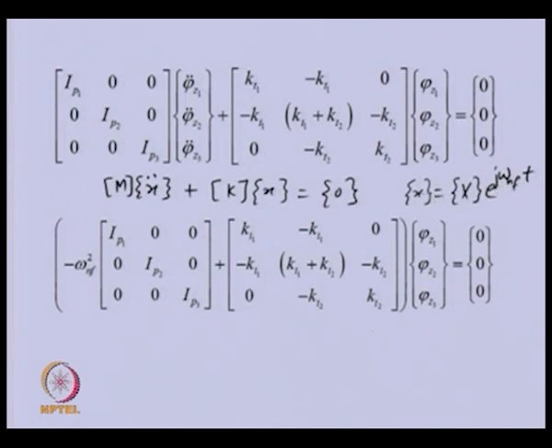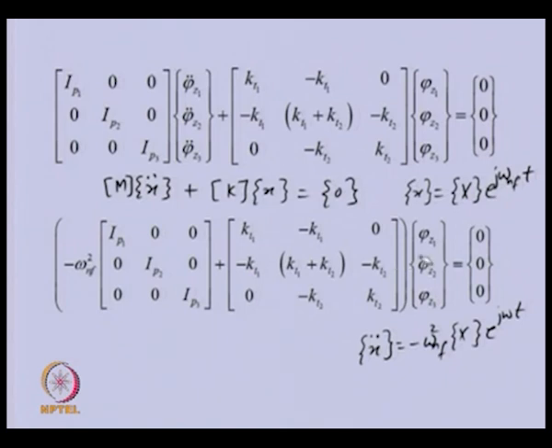So I can differentiate this twice, and basically I will get this expression, and this expression. If we substitute these two in the equation of motion, I get this equation, in which you can see omega square with a minus sign has come here, and I have taken the displacement vector, which is the amplitudes, capital X, outside.